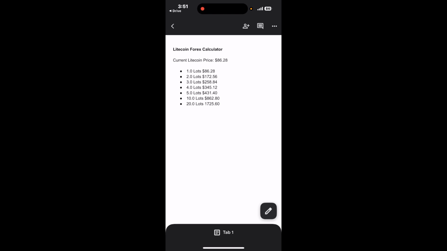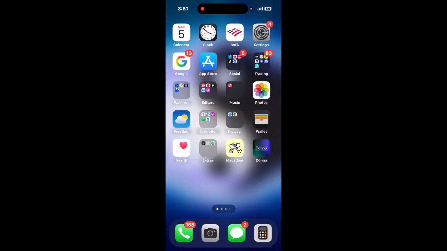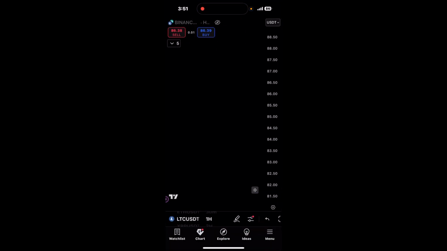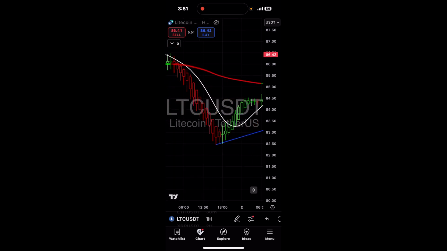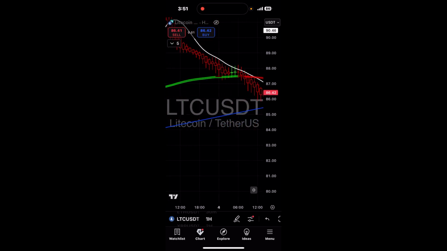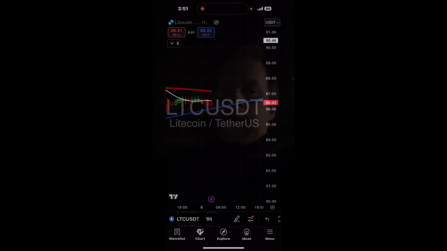Once you have enough for this formula, the next goal is to get your balance to the price of 1 Ethereum.